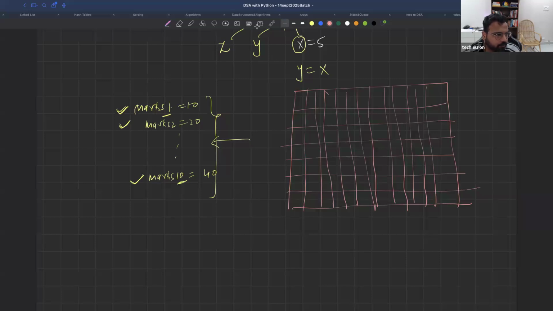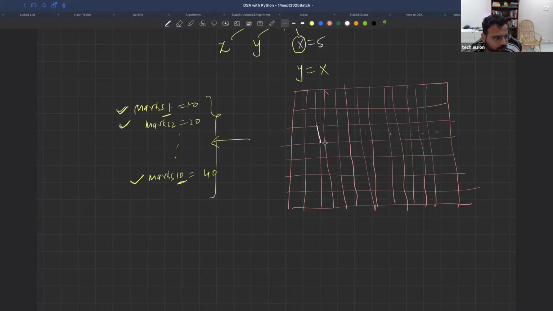We will rent one area and say that this is where we will store. We want to store 10 marks, so I'll say 1, 2, 3, 4, 5, 6, 7, 8. From here we will store, so we'll rent this much space.